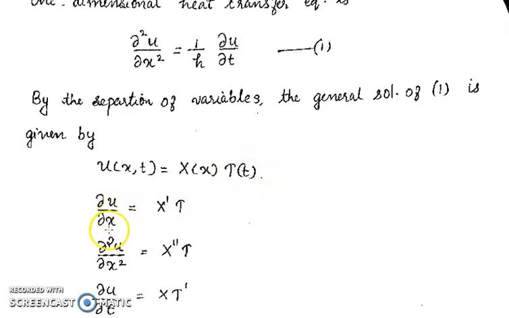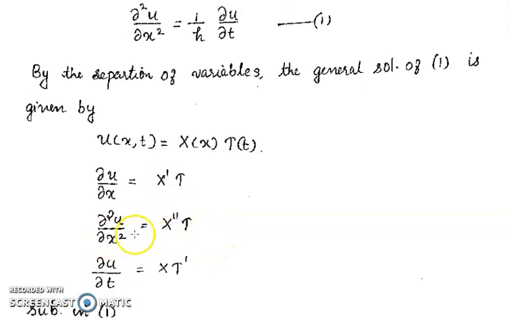So ∂u/∂x equals T times the derivative of capital X with respect to x, that is X' T. Then for ∂²u/∂x², we again differentiate X' T with respect to x. Capital T is a constant, and the derivative of X' is X''. Thus ∂²u/∂x² equals X'' T.